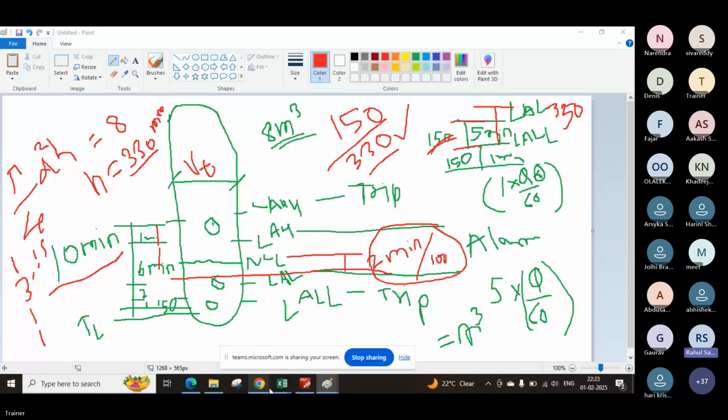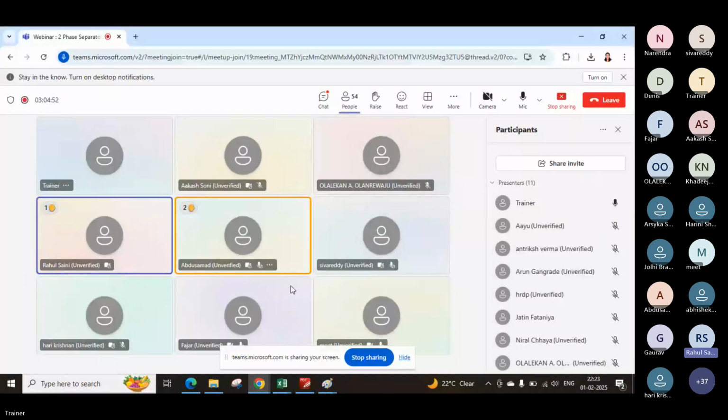Actually, my question was that in any case, the height, like I'm considering design for different applications and different industries. Suppose you are designing a vessel which has a 1 lakh kg per hour mixed flow rate.